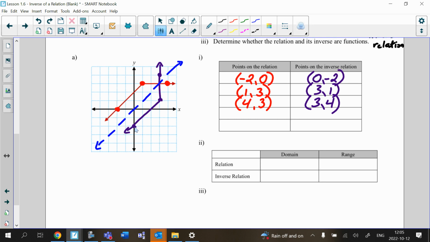We didn't have it on here, but where would you find invariant points? Any points that are on the blue line would be invariant. Because if it's on the line and you flip it over the line, it's still on the line. So this point here, 3, 3, would actually be an invariant point.